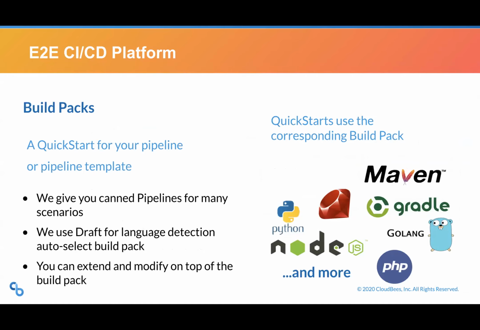All of that is done because we have pipelines for every prominent language out there: Python, Node, Gradle, Ruby, Maven. You can quickly test without having to import your own application, and you can extend it. You can have your corporate-level build packs that are private and tell Jenkins X, I just want to use the approved, sanctioned pipeline build packs and nothing public. You can do this kind of configuration with Jenkins X.